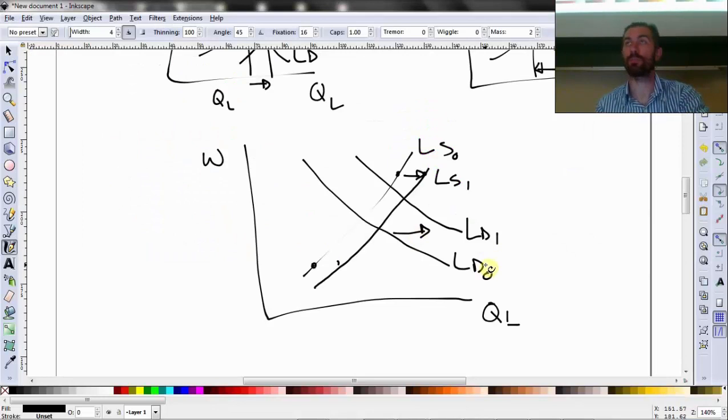Correct. Remember, labor demand is based on productivity. So if you have an increase in technology, what that means is your labor force is more productive, which means at any given wage rate, you are going to hire more workers because they are more productive. Okay?